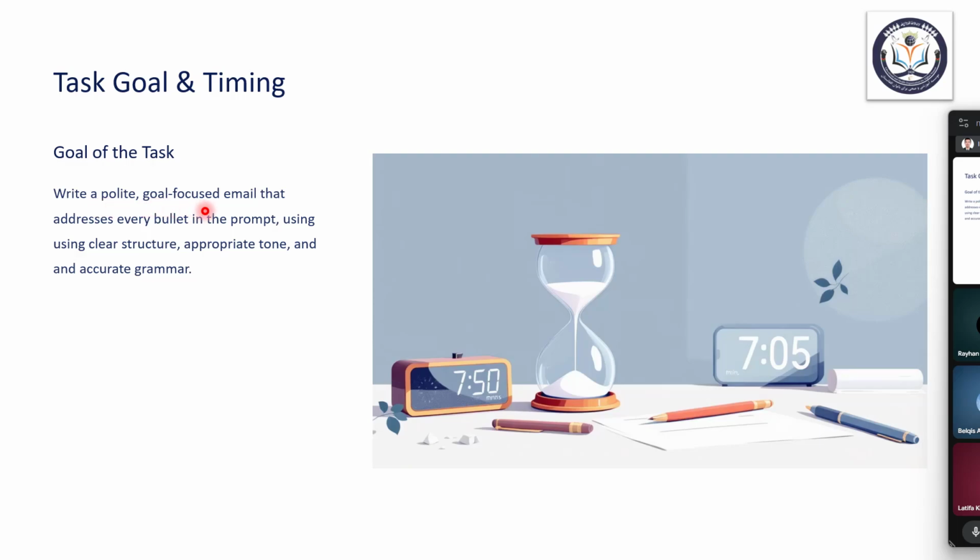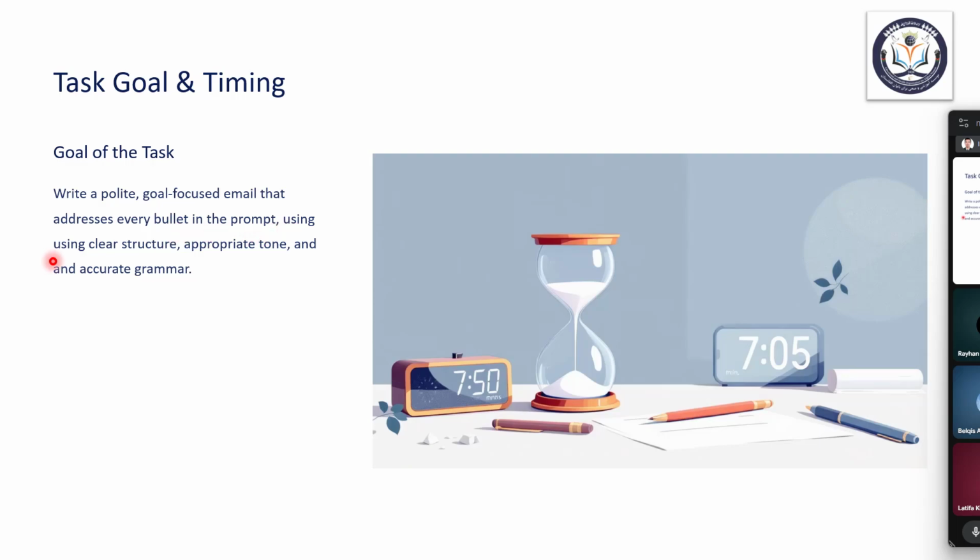Secondly, a goal-focused email. It means it should target the bullet points that are given. If we write out of the bullet points or add extra bold ideas, it would not affect our scores positively. So, goal-focused email that addresses every bullet point in the prompt.